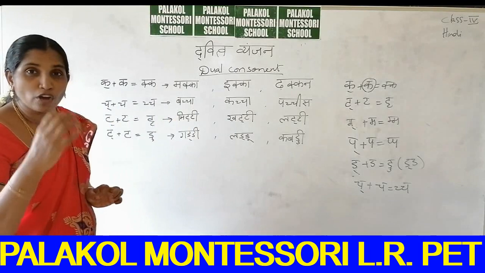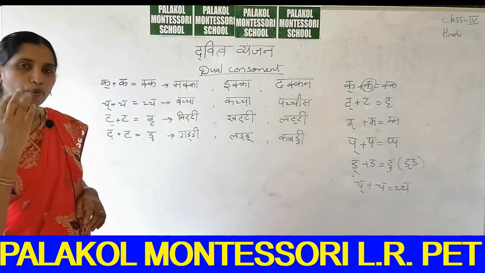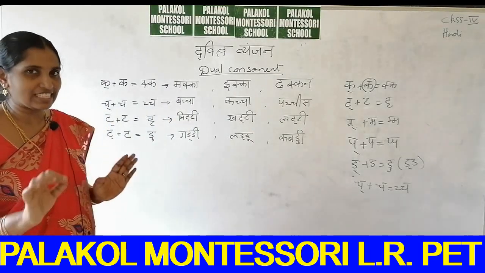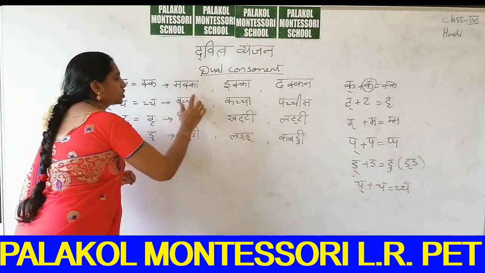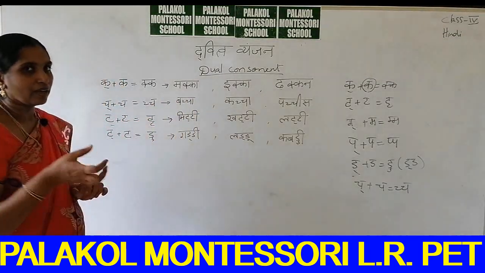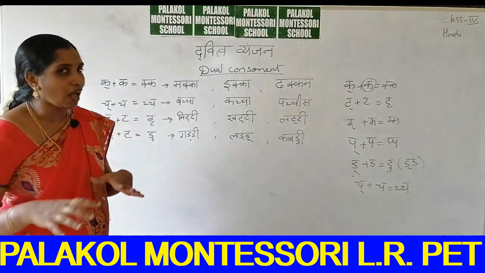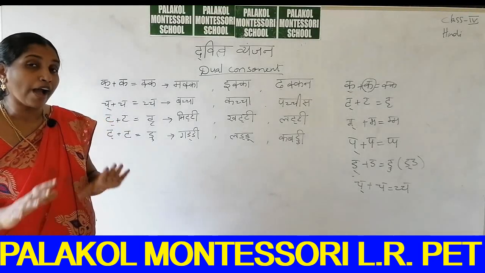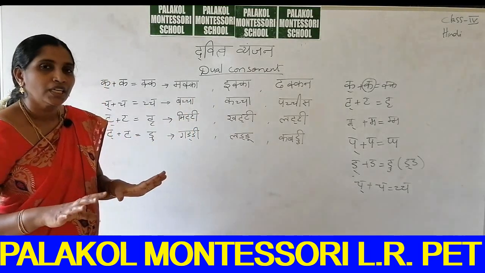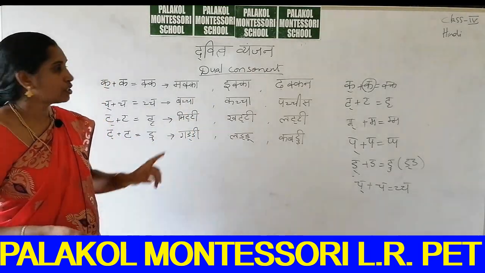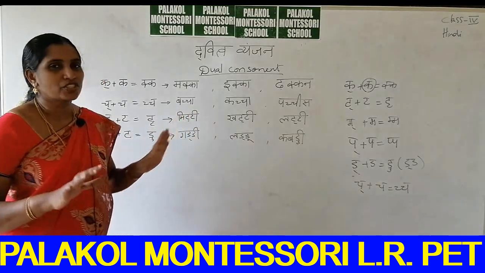Pronounce when I am telling, you also pronounce, then you will get it easily. Cha has an a ki matra, so you have to pronounce bachcha. If you do not keep the a ki matra, it would be bach. So with the a ki matra, it is bachcha.